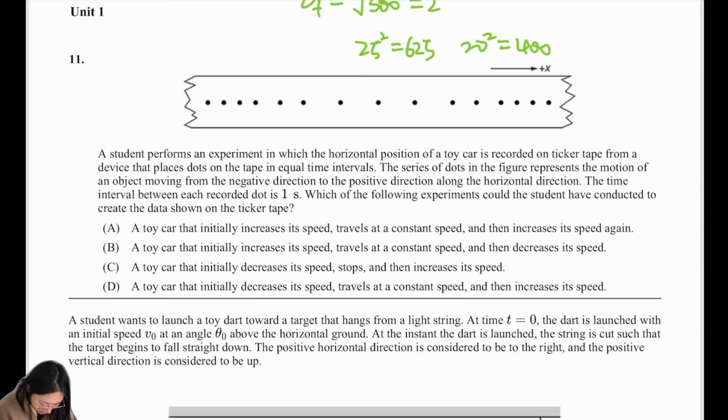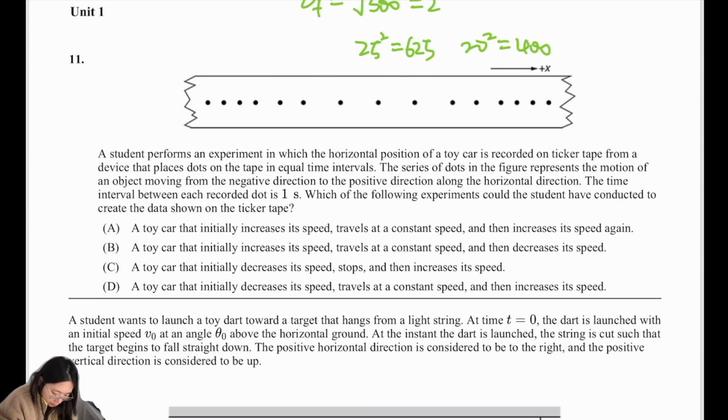The series of dots in the figure represents the motion of an object moving from the negative direction to the positive direction along the horizontal direction. The time interval between each recorded dot is 1 second. Which of the following experiments could the students have conducted to create the data shown on the ticket tape? A. The toy car initially increased the speed.